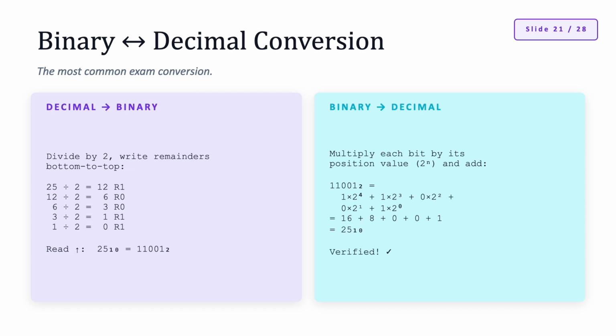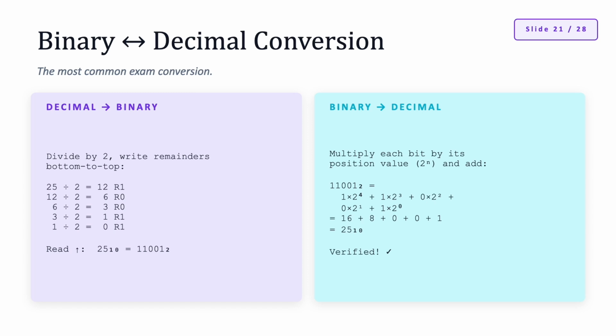Read remainders bottom up: 11001. So 25 decimal equals 11001 binary. Converting binary to decimal: multiply each bit by its position value, a power of 2, and add.